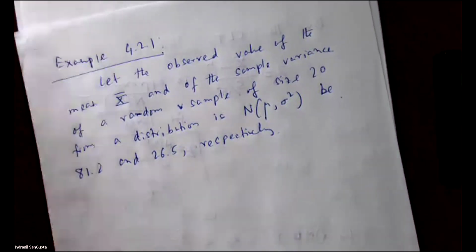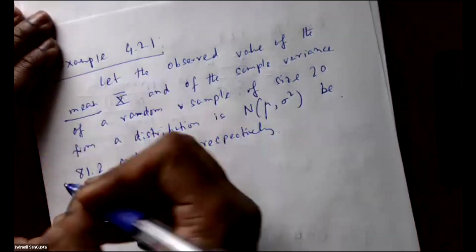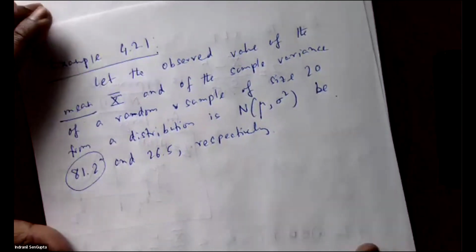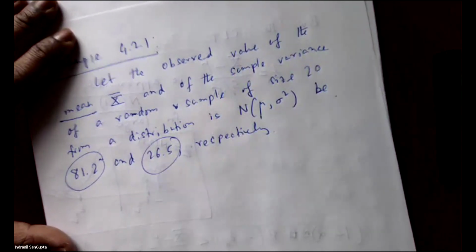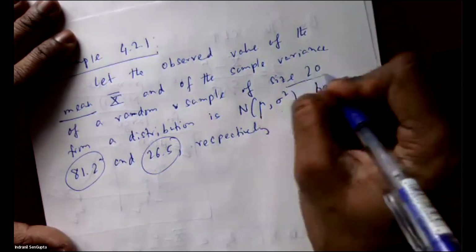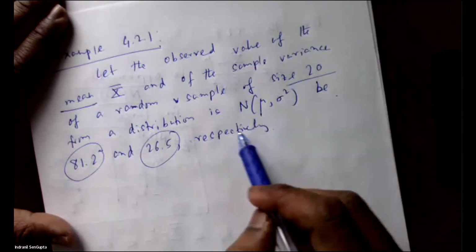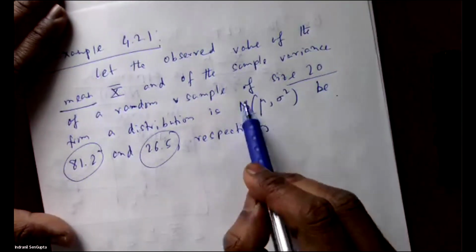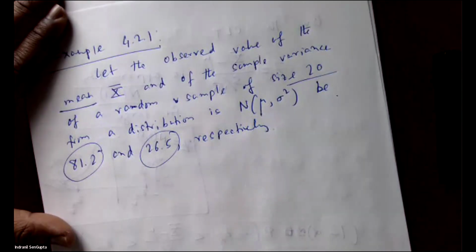So what he's saying is that the observed mean is 81.2, and the observed variance is 26.5. It's a sample of size 20, and we have reasons to believe that it's coming from a normal distribution with mean mu and variance sigma squared.